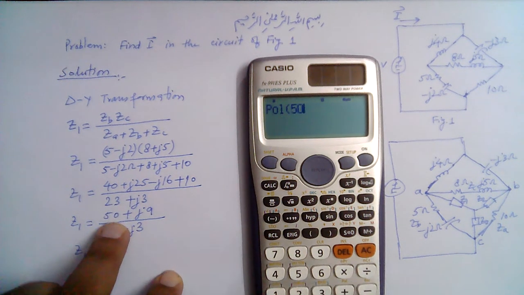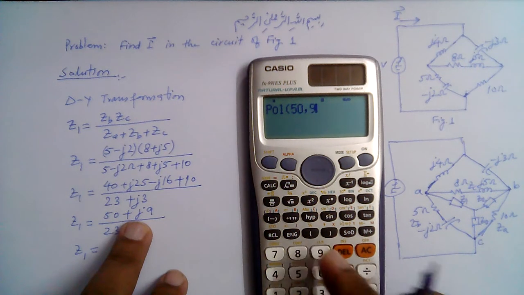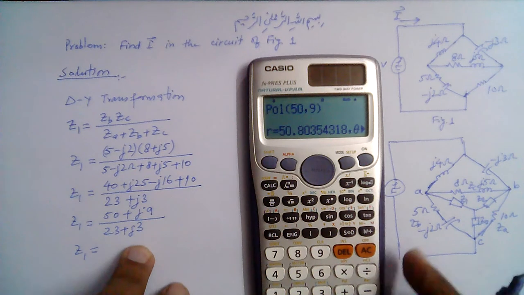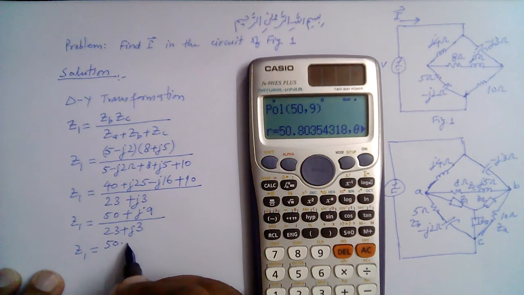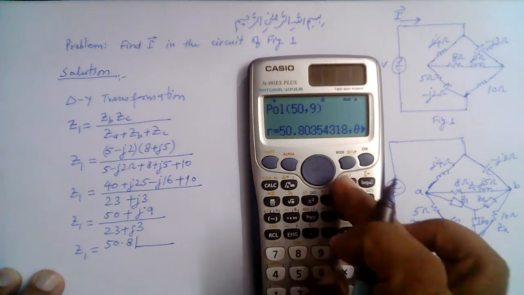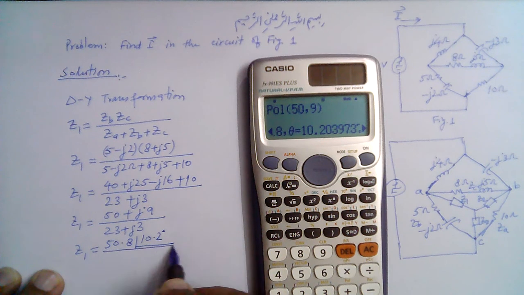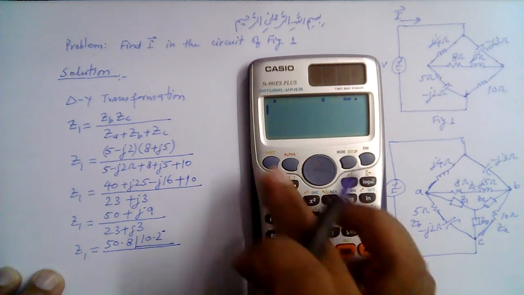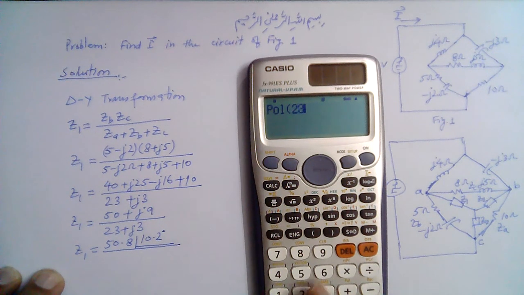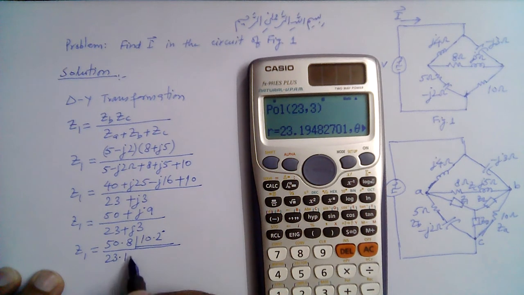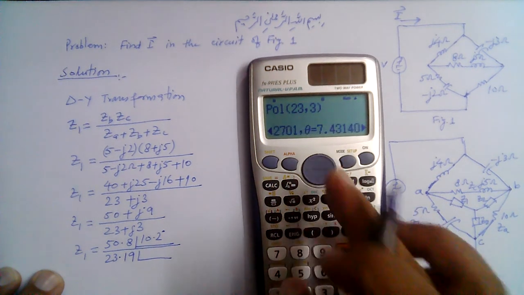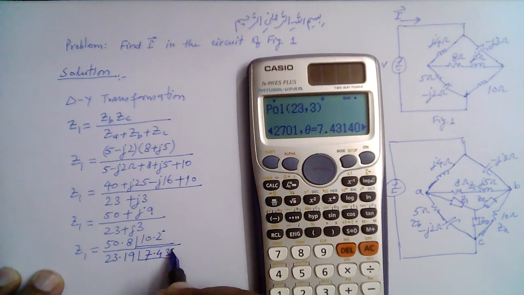So this is 50 plus j9, which becomes 50.8 angle 10.2 degrees, divided by 23 plus j3, whose polar form is 23.19 angle 7.43 degrees.